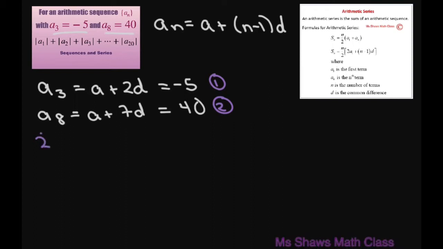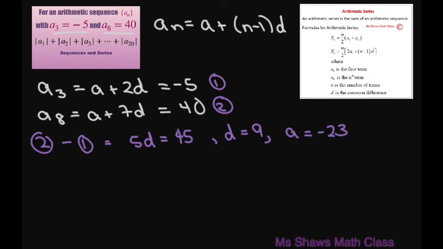Now if you take equation 2 and subtract equation 1, we're going to get 5d equals 45. That means our d equals 9. And if you substitute 9 back in, you're going to get a equals -23.